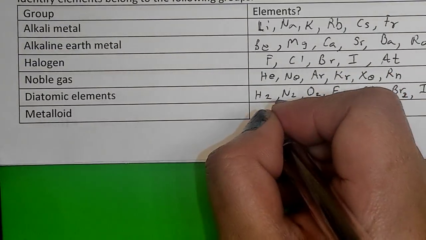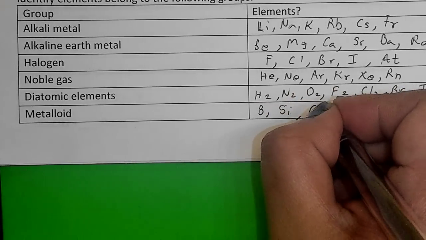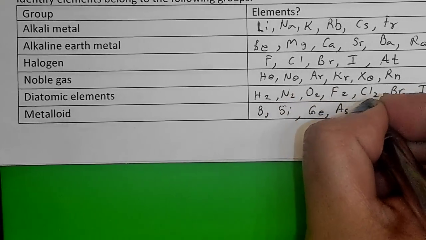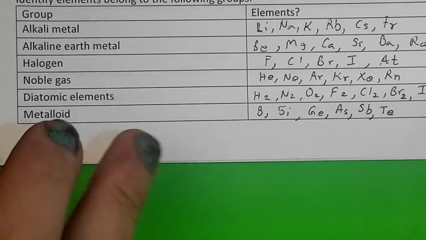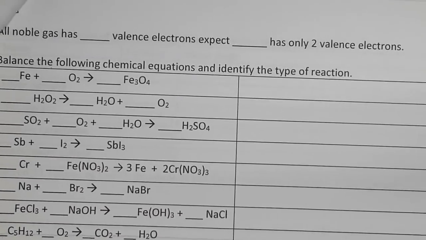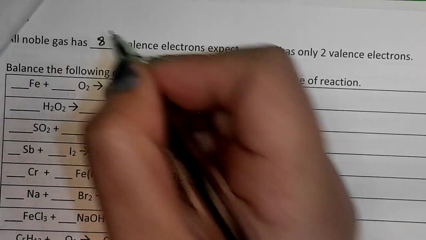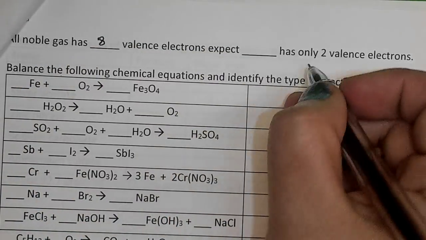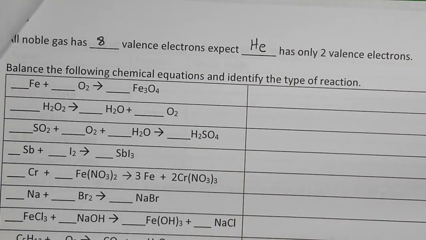So therefore, B, Si, Ge, As, Sb, Te. All noble gases have 8 valence electrons, except helium. Helium only has 2. You have to remember that.